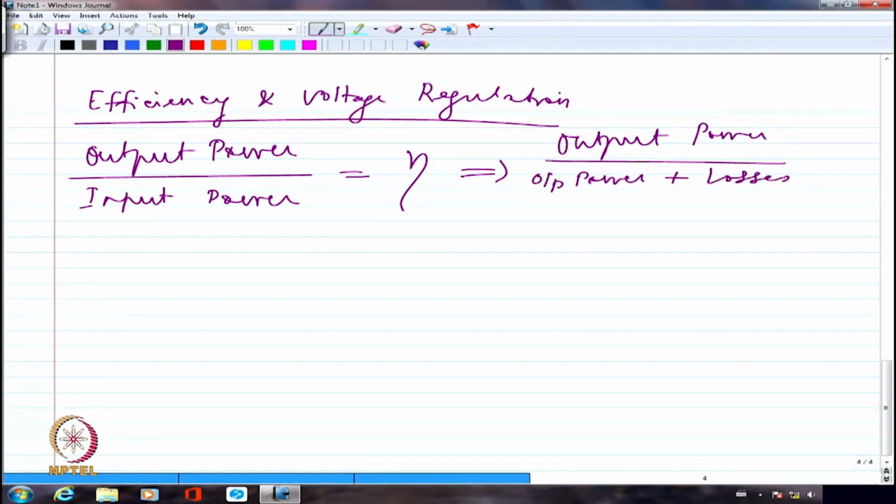The losses will correspond to copper loss, which is actually I square R loss, nothing else. So I have to write this as I square times R equivalent, because I am putting together R1 and R2 dash. I may not be a constant, depending upon how much resistance I have connected on the secondary side.